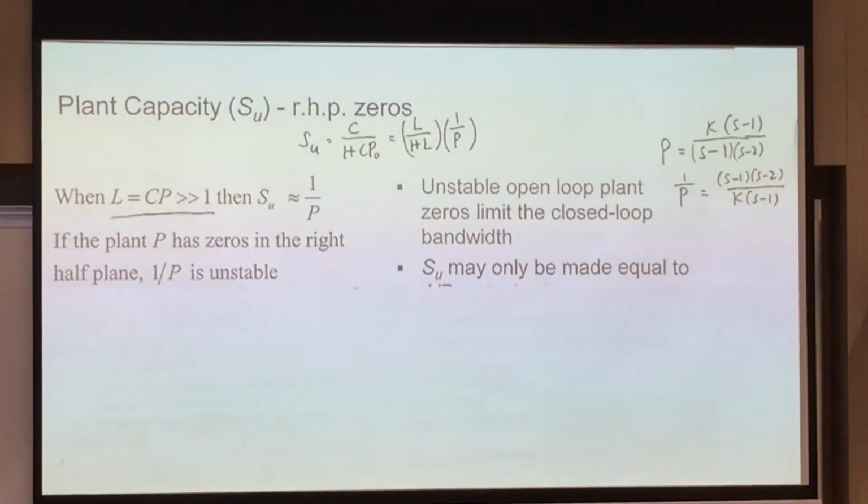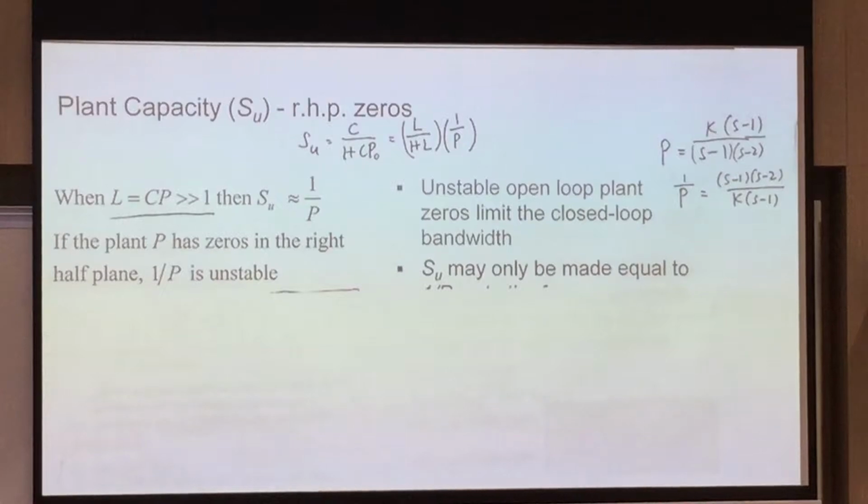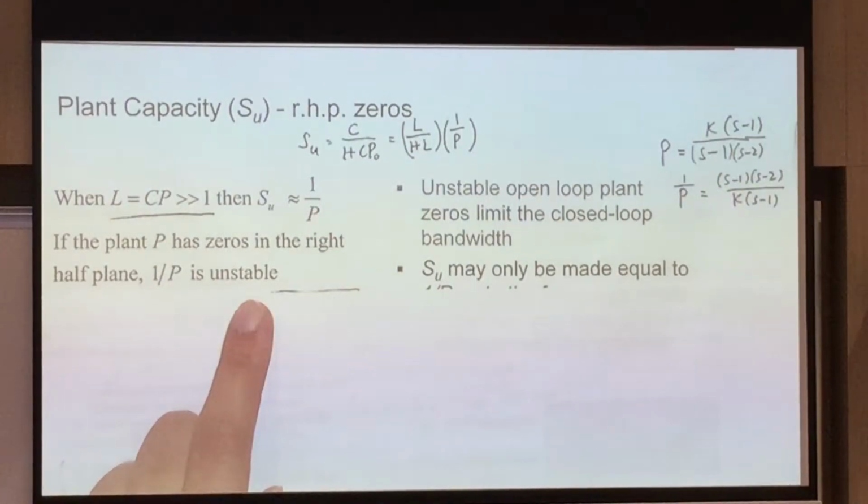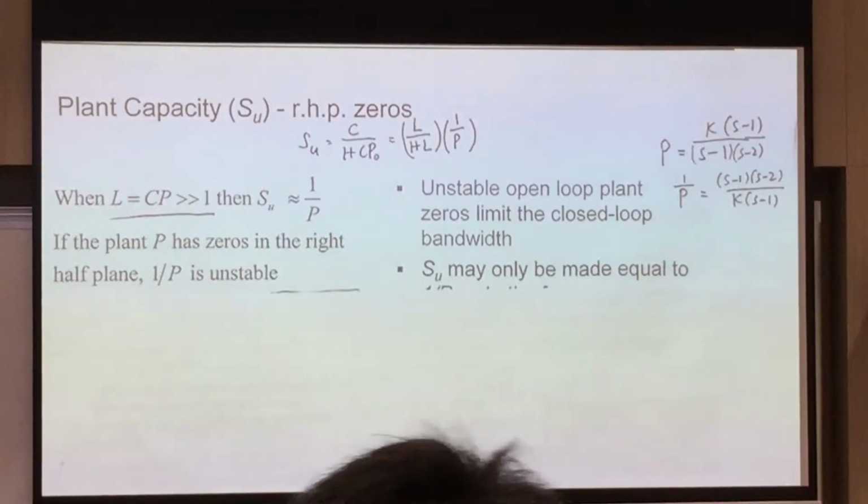And if your P, which is a plant, has unstable zeros, then 1 over P is unstable, because unstable zeros in P will translate to unstable poles in 1 over P. An example is this.